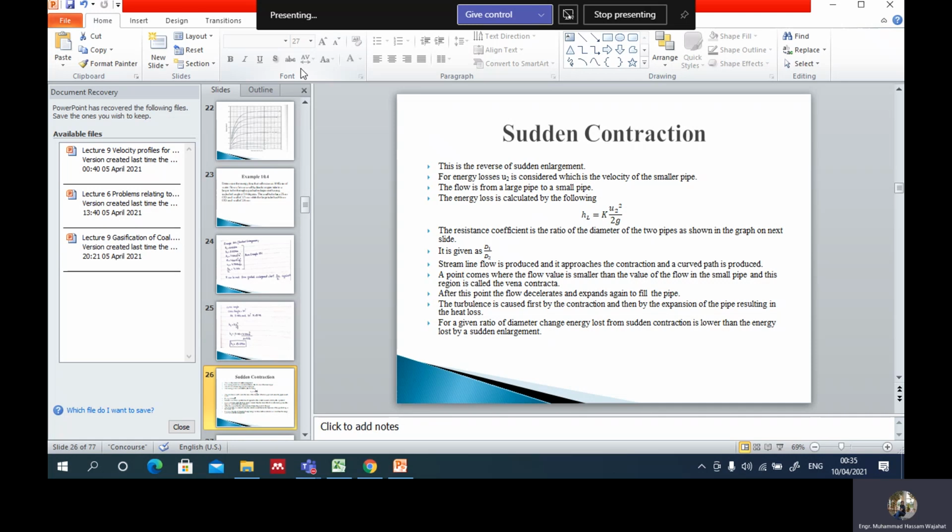The streamline flow is produced as it approaches the contraction. When your flow is approaching the contraction, it is going from a large area to a small area. There is streamline flow. Another name for streamline flow is laminar flow. आपको जब मैंने velocity profile दिखाए थे, I told you that laminar flow was the streamline flow.